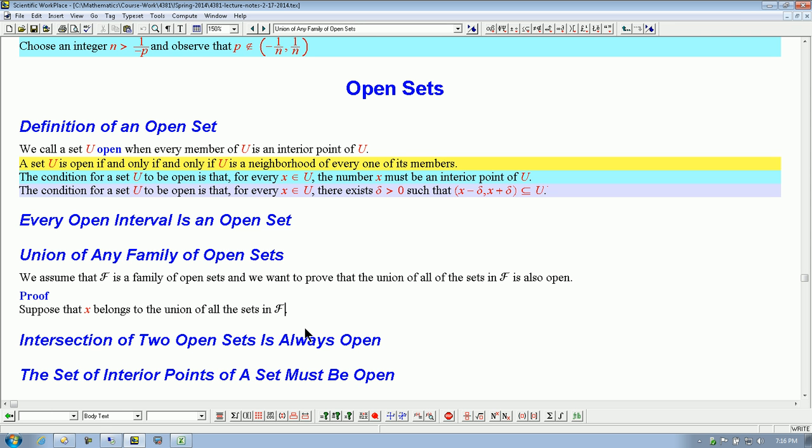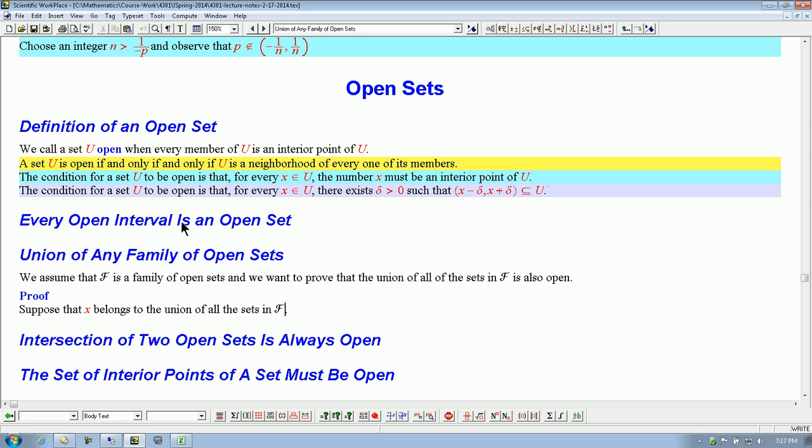What is the statement that a set is open? I've written it several times in different ways. The condition for a set to be open says that every member of the set is an interior point of the set, right?